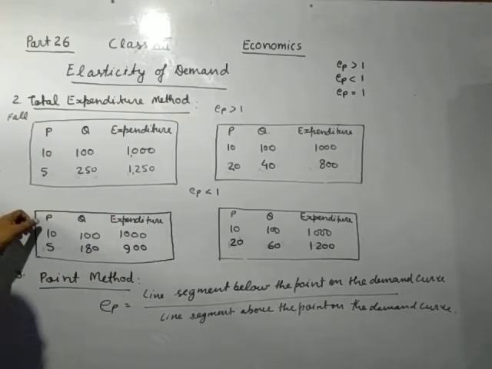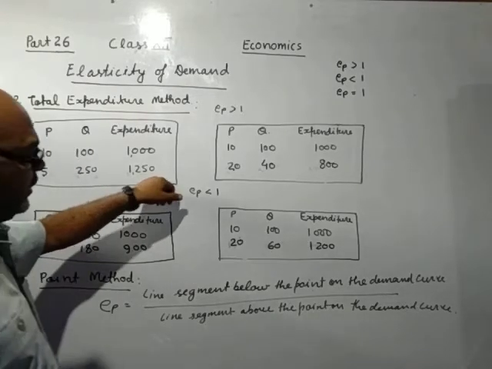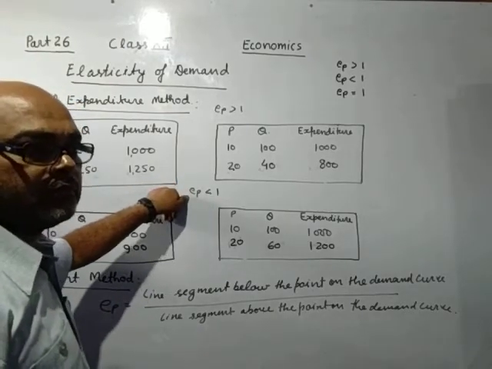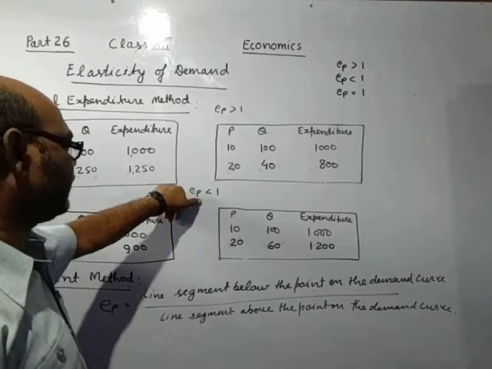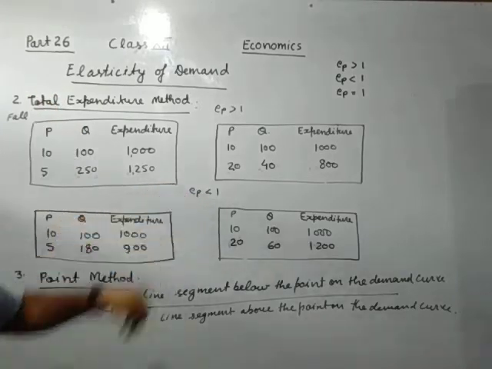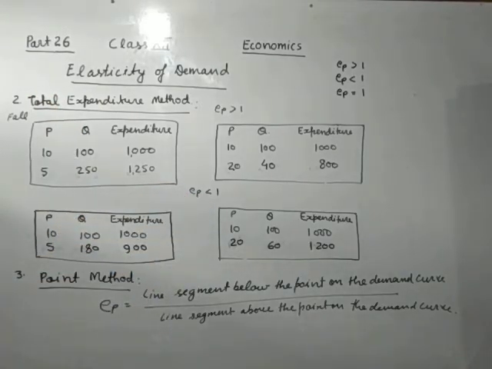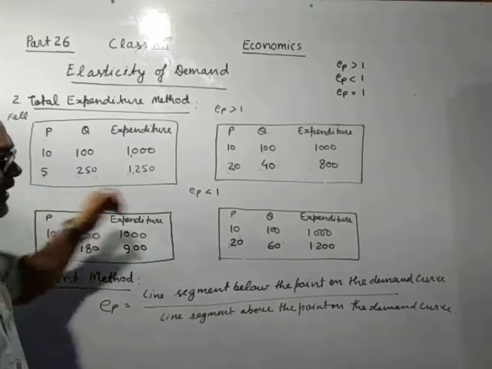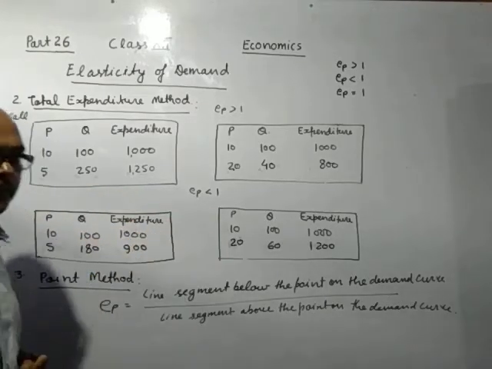Now second, elasticity of price less than 1, which means inelastic demand. This is the situation of inelastic demand. Here also we will study the first case of a fall in price and the second case of an increase in price.